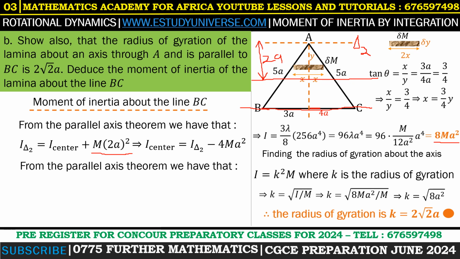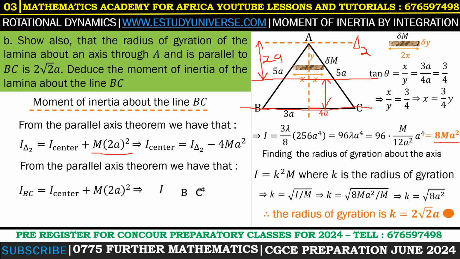Since we have it about delta 2, we can get it about an axis passing through the center. Then we use the parallel axis theorem to find the moment of inertia about BC, which is the moment of inertia about the axis through the center plus the mass of the system times the square of the distance. The distance separating this axis and BC is also 2a. We are going to have a very nice conclusion at the end, which will help us to deduce. I'm just explaining; we are not yet deducing.